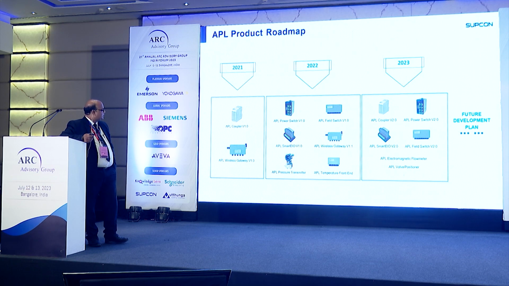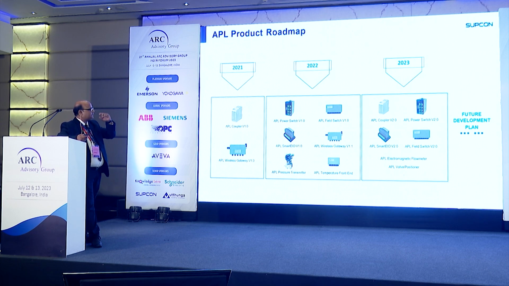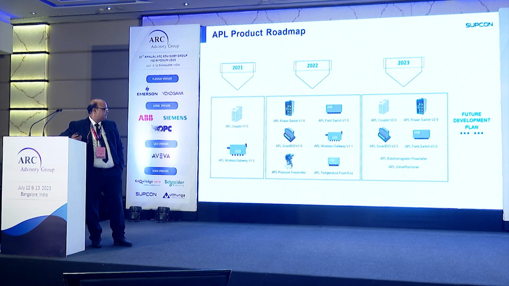In 2022, APL power switch, APL field switch, smart EIO, the wireless gateway, APL pressure transmitter, APL temperature front end. And in 2023, they again came with the modified version of the APL coupler, APL power switch, APL smart EIO, and APL field switches version 2.0. Again, they are providing us the APL electromagnetic flow meter as well as the positioner.